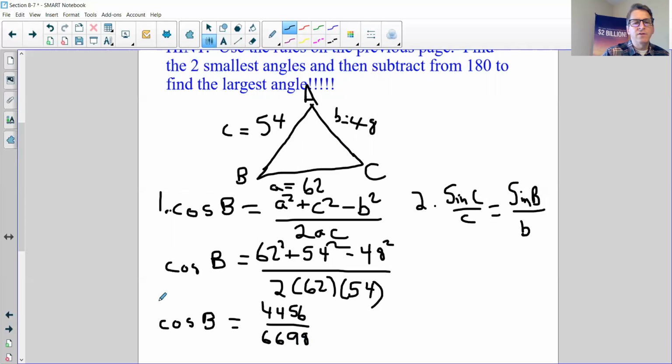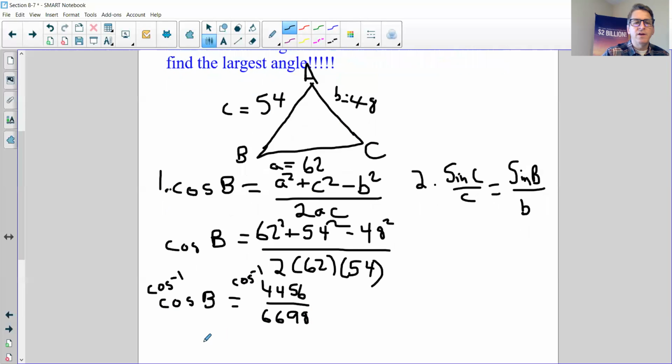By taking the inverse of the cosine on both sides, you end up with angle B. Angle B is 48.28. So now we have 48.28 as our angle B.